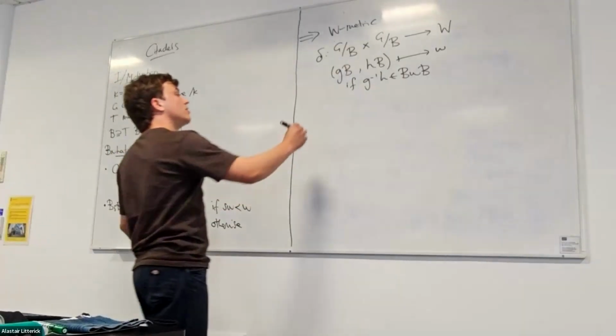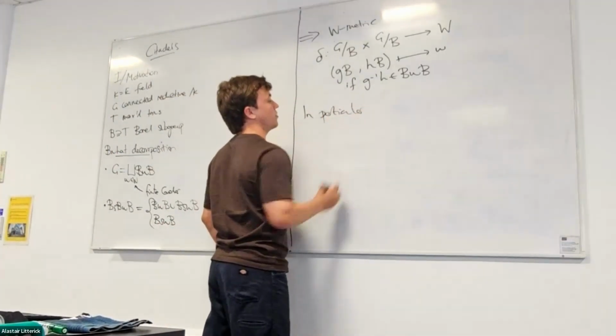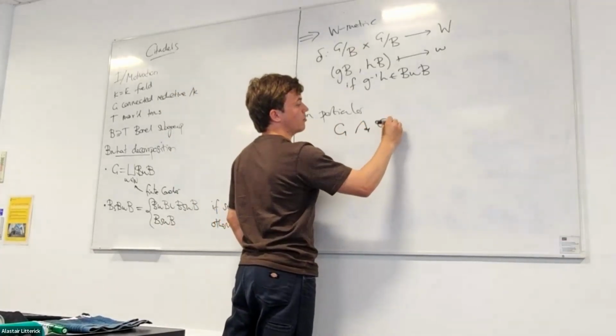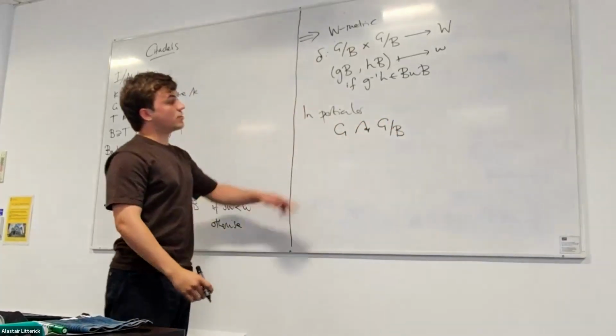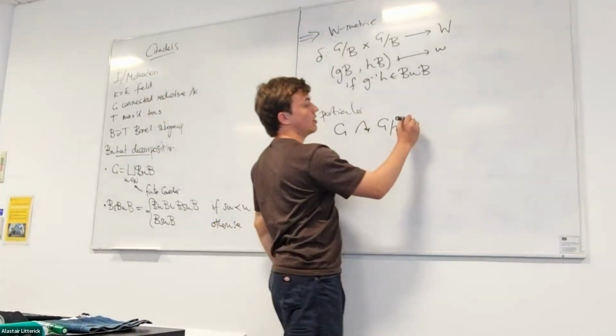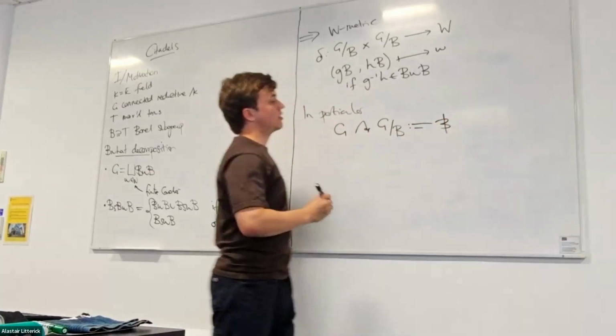Okay. And so what do we have? Well, what this is going to eventually give us is, in particular, your group G acting on your coset space as a set. So just a set now, but now we can equip it with this W-metric, and we call this thing a building. It's a spherical building.